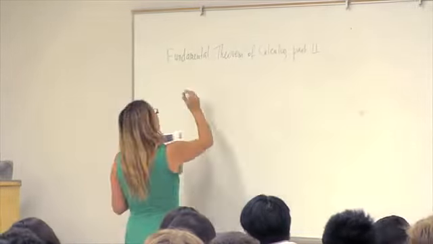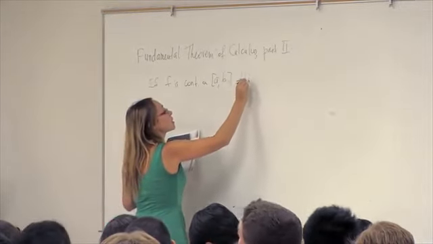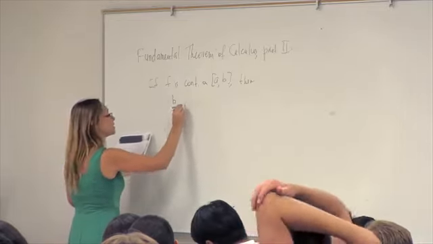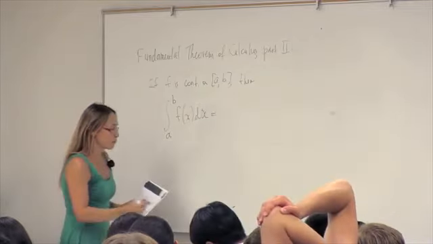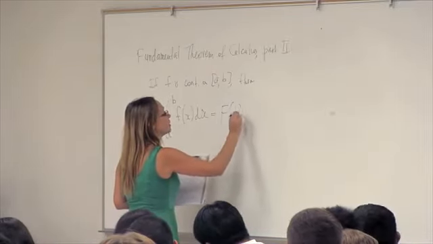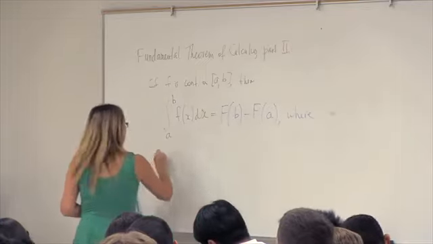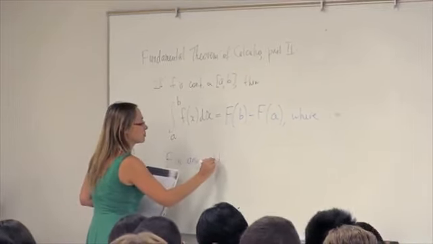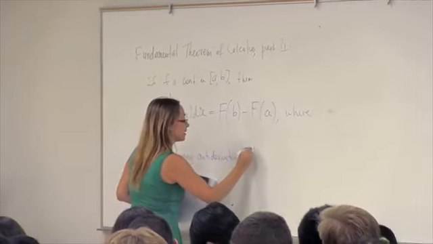If f is continuous on the interval [a, b], then we have a way to calculate a definite integral of f. It's given by F of b minus F of a, where F is any antiderivative of f.